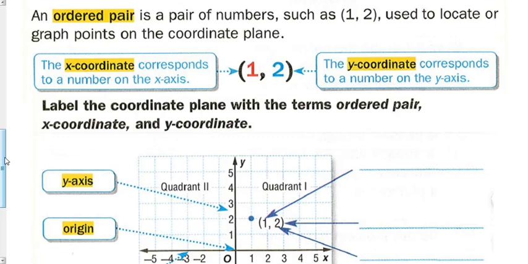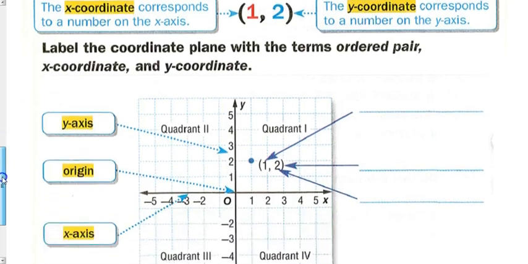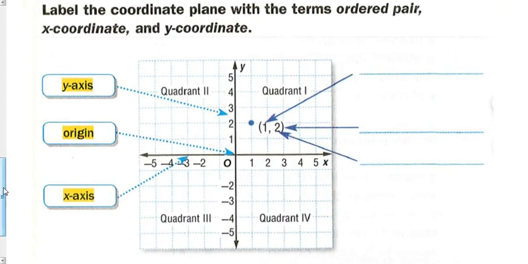Our x coordinate is our first set of directions. It responds to the x-axis and tells us how far right or left we should go. And then our y coordinate responds to the y-axis, and that tells us how far up or down we should go.